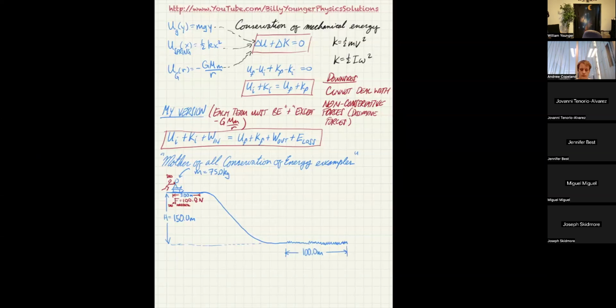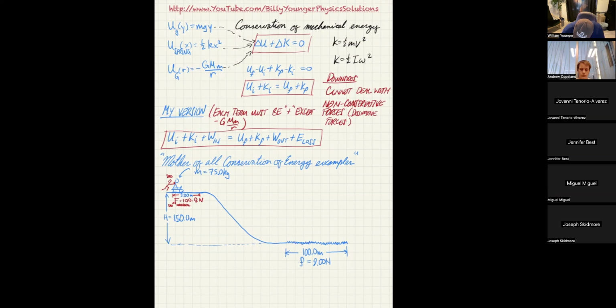And let's say the friction force is equal to, let's say, 9.00 newtons. Now it's a friction force, so it should be horizontal. And if she's going to the right, it'd be horizontal to the left. Obviously, this could be treated as a work out, where you'd calculate the work done by the friction force and then, of course, change the sign to positive. Or you could treat it as an E loss. I'm going to treat it as an E loss.